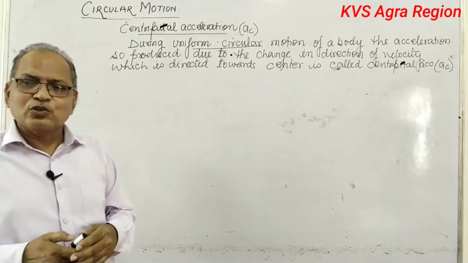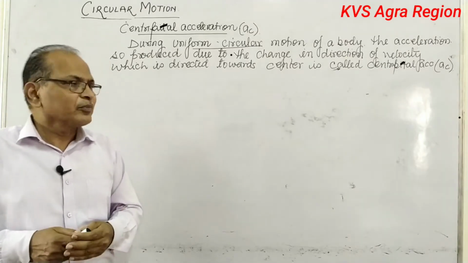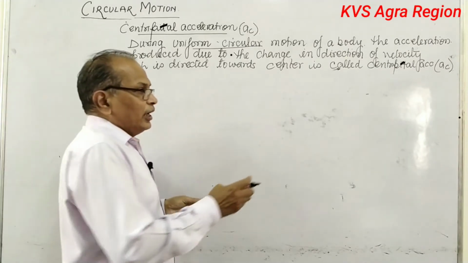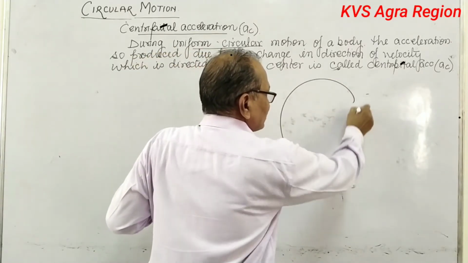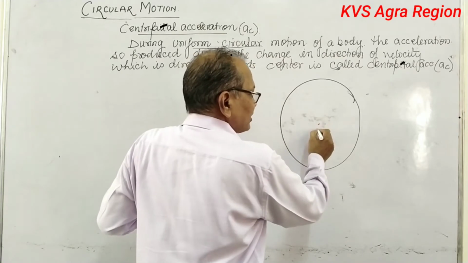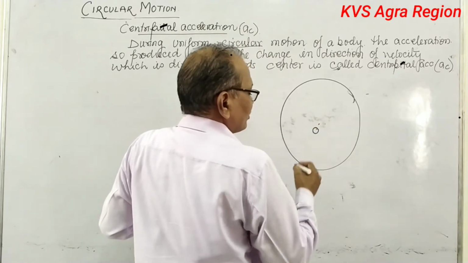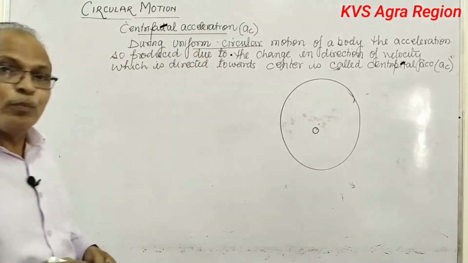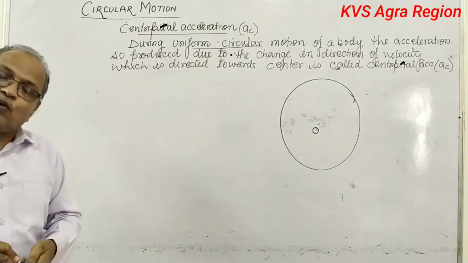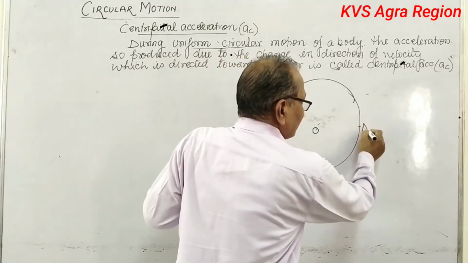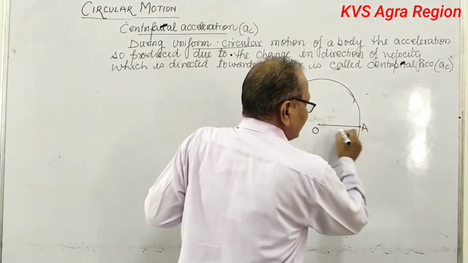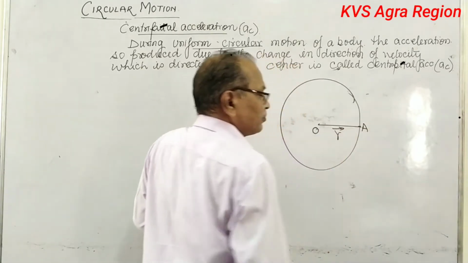Now let us see first of all the diagram. Let an object be revolving on a circular path having center O. Center is point O and the object is revolving. Let at any point A the radius be r vector.